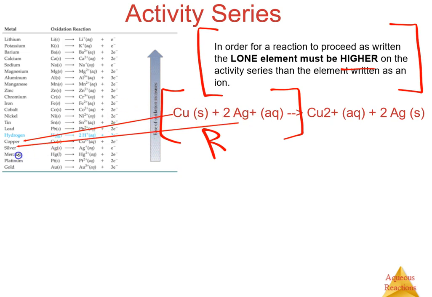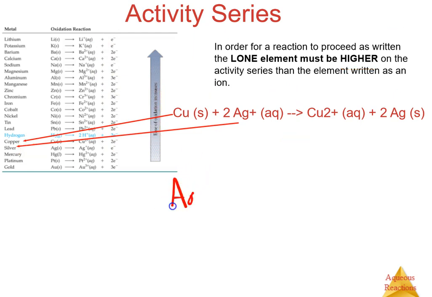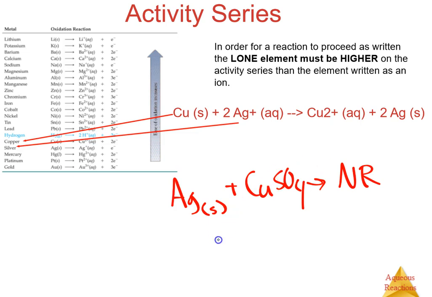So since copper is written as a solid in this reaction, is above silver, which is written as an ion in this reaction over here, then this reaction will proceed forward. But if I took a solid piece of silver and put it in copper 2 sulfate, no reaction would happen because the lone element would be lower than the ion element, which would be copper.